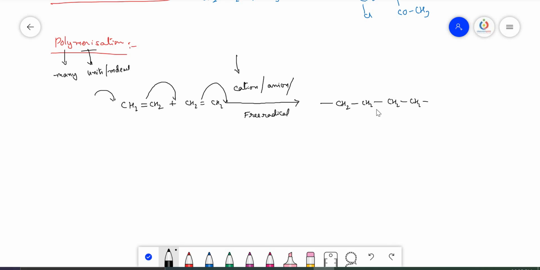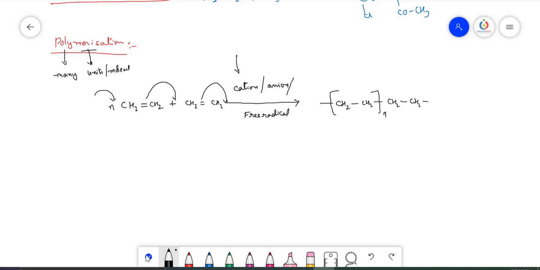In this process, have you observed that the same CH2 is getting repeated? The number of times this unit is repeated equals the number of molecules we take. If you take 2, it repeats 2 times. If you take 3, 3 times. If you take n, n times.